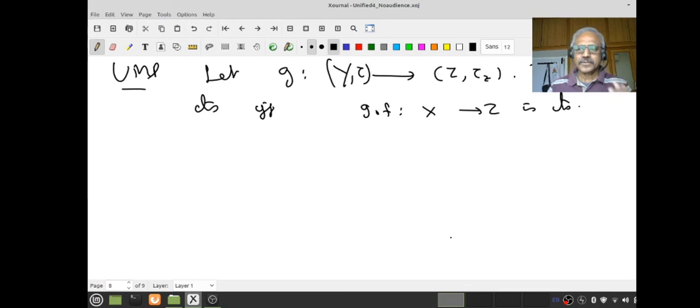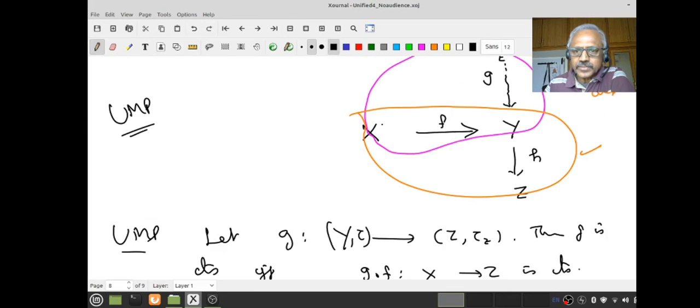Now the proof is again easy. Suppose G is continuous. Then F is already continuous. Why? Go back. F is a map from where to where? X to Y, and the topology tau on Y is the largest topology which made F continuous.